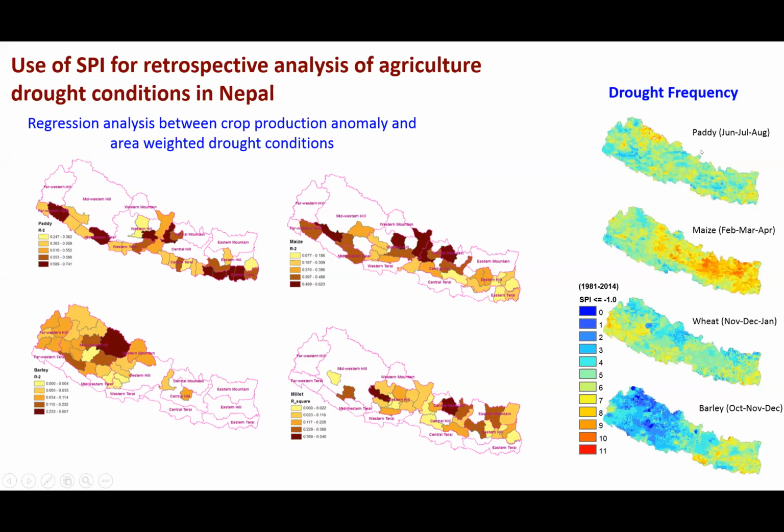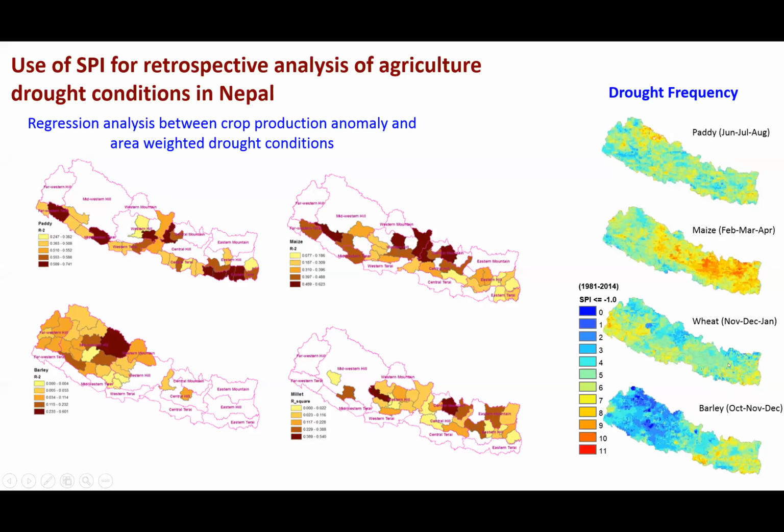Similarly, if we look at the paddy crop, precipitation in June, July, August is relevant for those areas, and we are not seeing a pattern of stress or an extreme threat to the paddy crop in the case of Nepal.